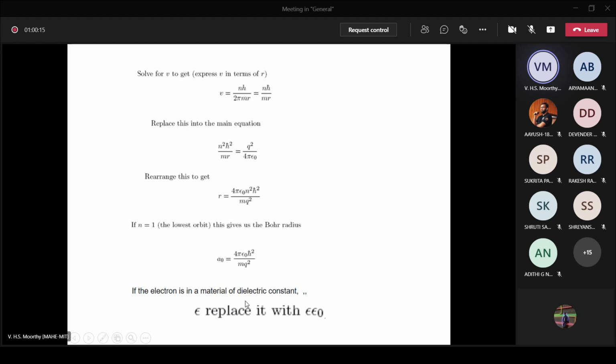Relative permittivity. Epsilon is the permittivity of the medium, and epsilon 0 is the permittivity of the vacuum. So we have to replace epsilon 0 with epsilon times epsilon 0, where epsilon is the dielectric constant of the material in which the electron is situated.